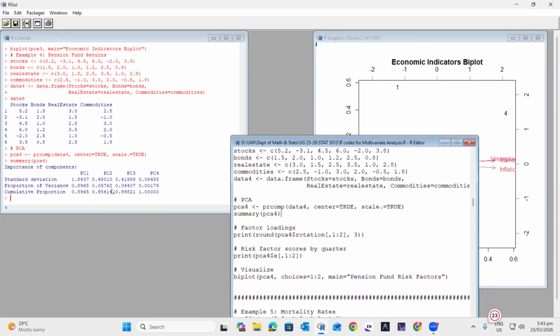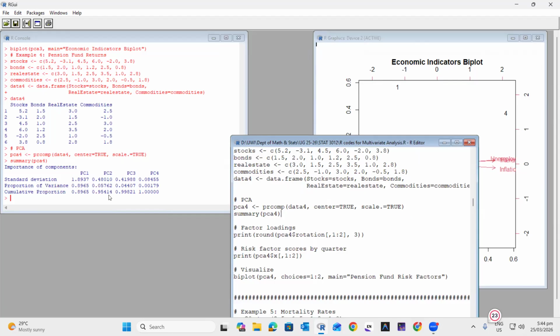This is the summary of the principal component. So PC1 explains 89.65% of the total variance, and PC2 adds 5.76%, and cumulative 95.4% for the two components.